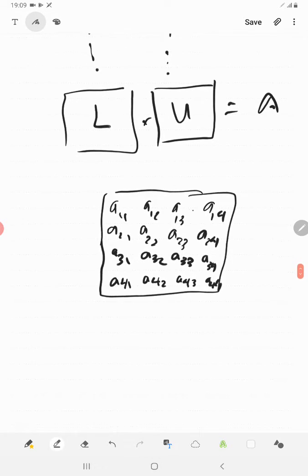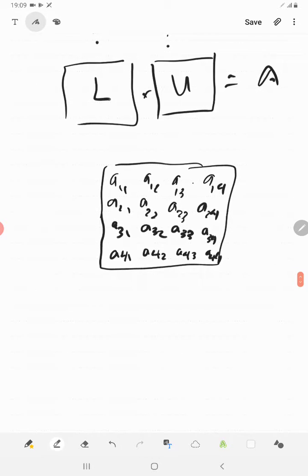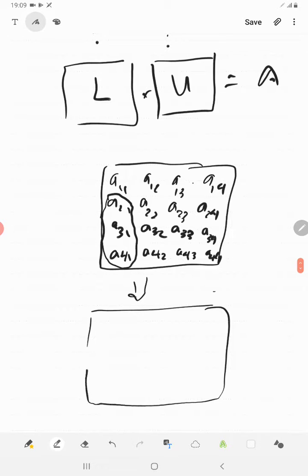Now what we want to do is to first eliminate all the elements in this column. We want to make these zeros, and we keep the first row. So how to do that? We keep the first row as it is, A12, A13, and A14. So we keep this row 4, 5, 3, 2 as it is.